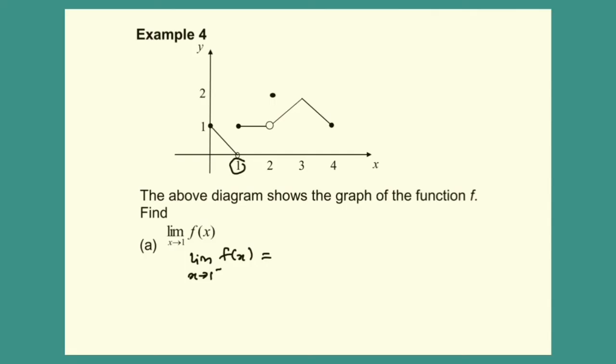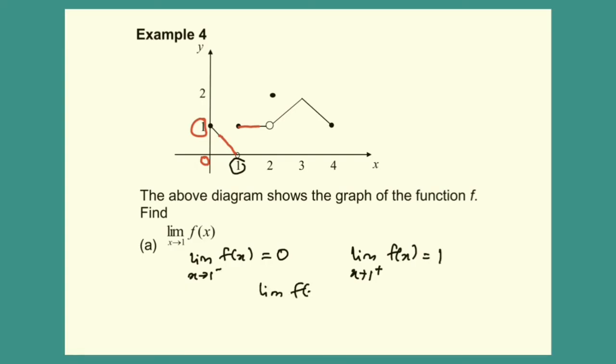As x approaches 1 from left, y approaches 0. Here is 0. Okay, and limit f(x) as x approaches 1 from right. As x approaches 1 from right, here y approaches 1. Here is 1.